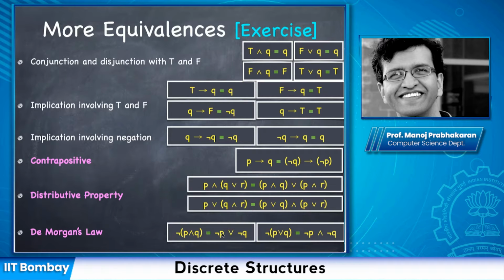And finally, De Morgan's law, which shows how the not operator distributes over and and or, in the sense that not of P and Q is not P or not Q. Again, you should think this through, using higher level natural language interpretations, or simply by writing the truth table and checking that the truth tables for the two formulas are the same.